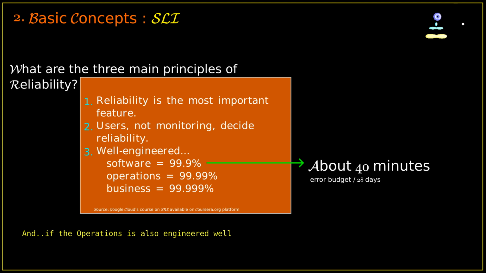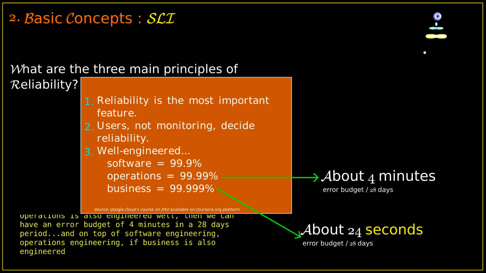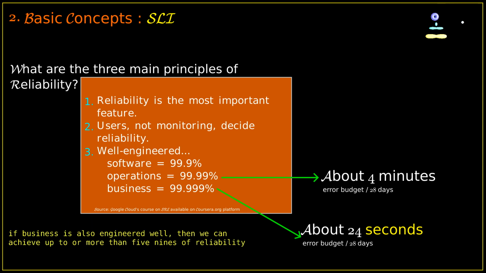And if the operations is also engineered well, then we can have an error budget of 4 minutes in a 28 days period. And on top of software engineering, operations engineering, if business is also engineered well, then we can achieve up to or more than 5 nines of reliability.